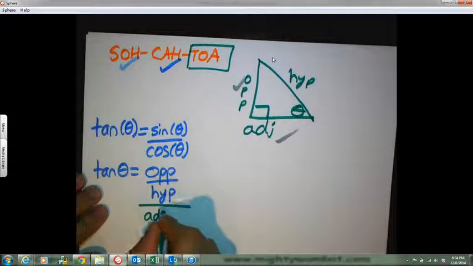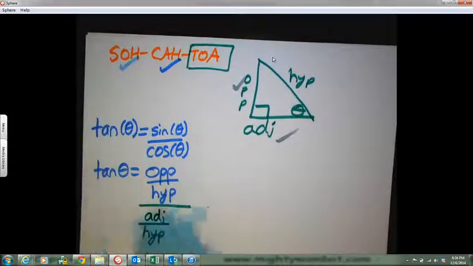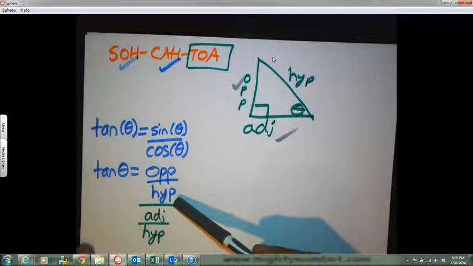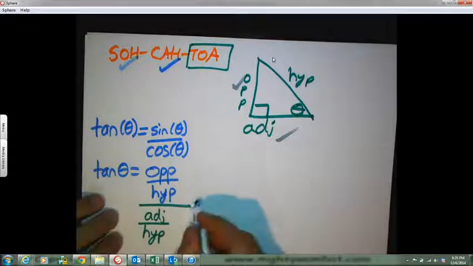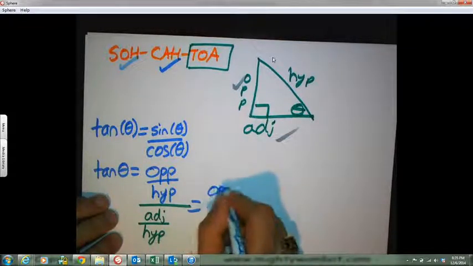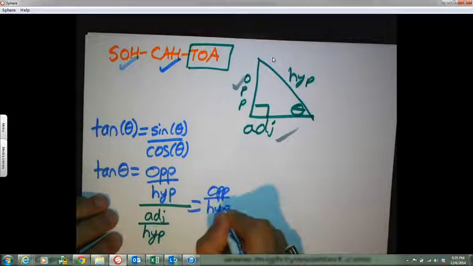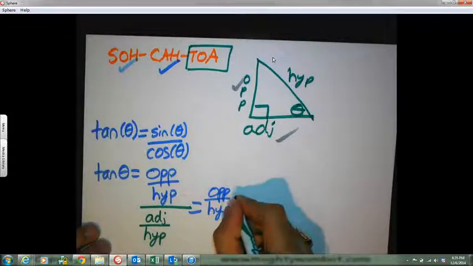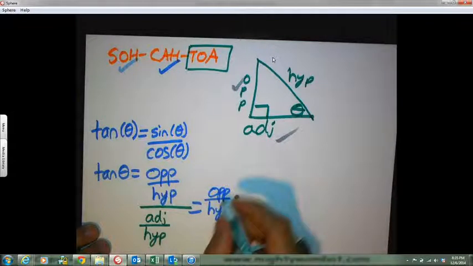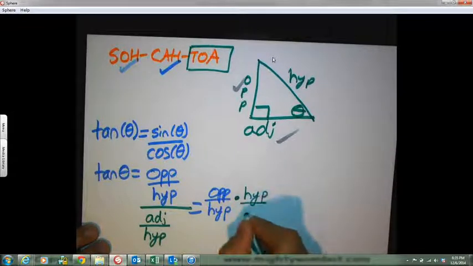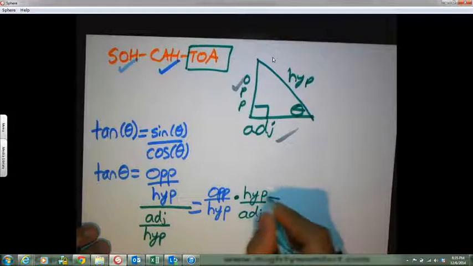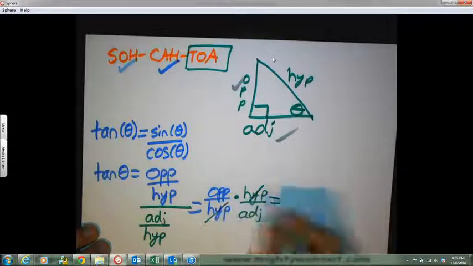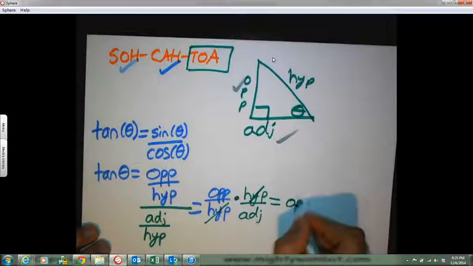So I'm going to keep, change, flip. This hypotenuse cancels with this hypotenuse, and I have opposite over adjacent. And opposite over adjacent is exactly what tangent equals.